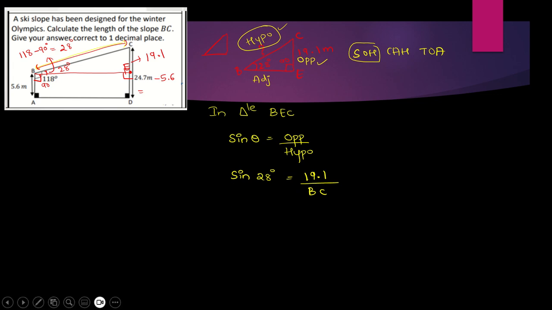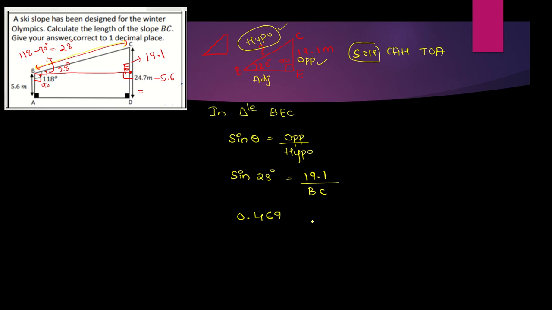Now calculate the value of sine of 28 degrees. What is sine of 28 degrees? Sine 28 degrees in the calculator will give us 0.46947.